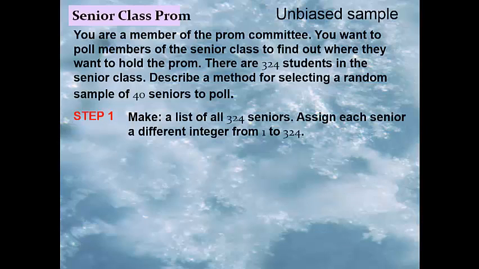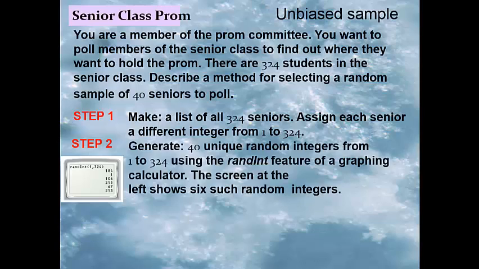Step 1: make a list of all 324 seniors. Assign each senior a different integer from 1 to 324. Step 2: using your calculator, generate 40 unique random integers from 1 to 324 using the randint feature of a graphing calculator. The screen at the left shows 6 such random integers.